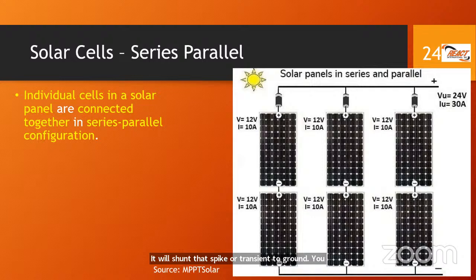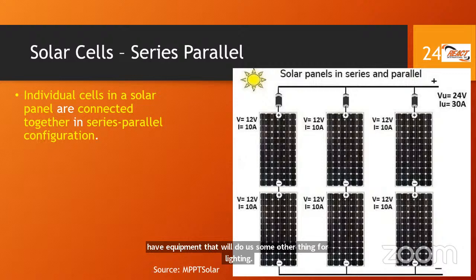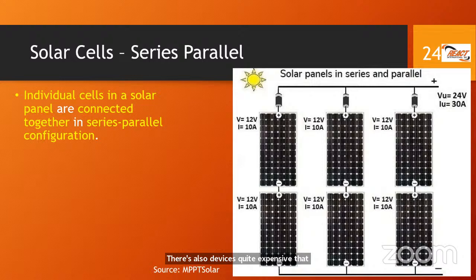There's also devices, quite expensive, that you can install lightning rods around your location. There's also equipment that can create a bit of a blanket as well around your area, so that you are somewhat protected, right? So there are active devices that are sold commercially that can do that.